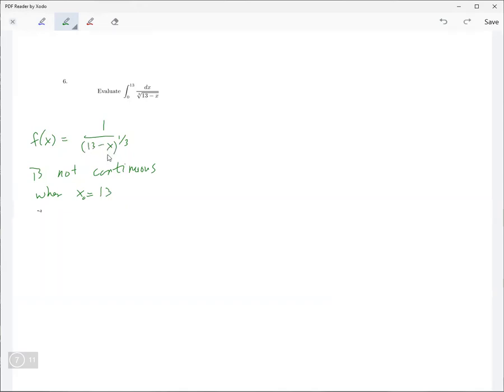So it's a type 2 improper integral. But just proceed as if it's not.